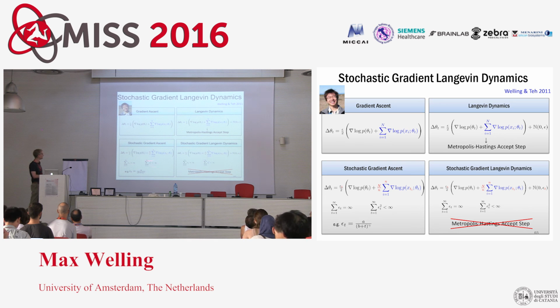And there are some conditions that the step sizes need to satisfy. They need to go down in order to get to the correct answer. The total sum has to be infinite, but the total sum squared has to be finite. There are some schemes that you can follow. That's standard. Everybody knows about it.